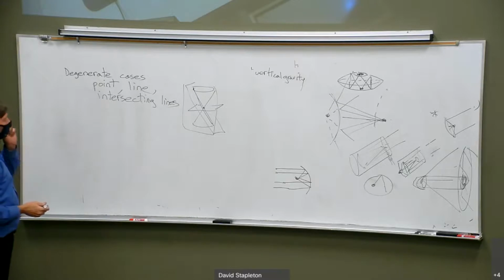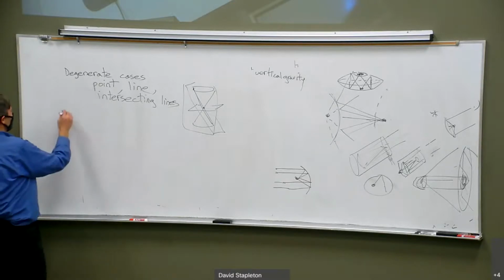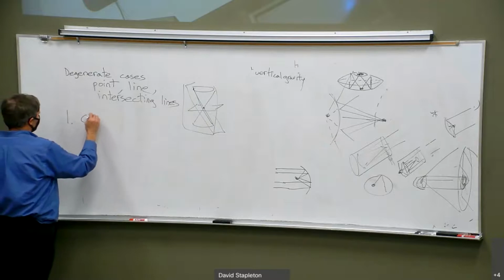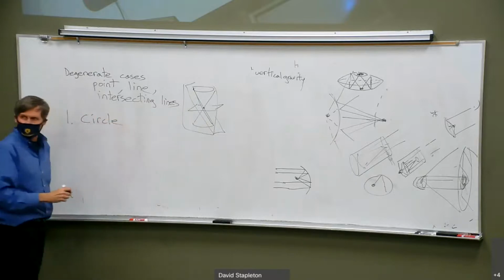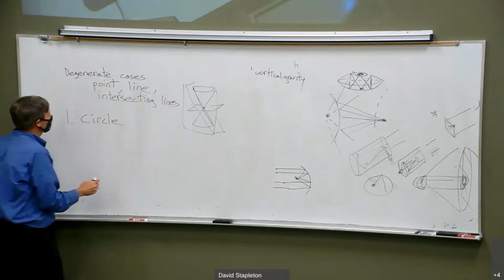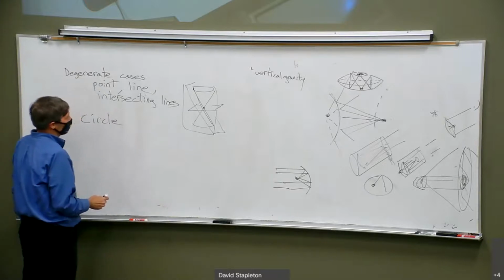How can we get equations for these things? Let's look at them one at a time. The circle is an easy one. You've already done that pretty much. How can we get the equation for a circle?